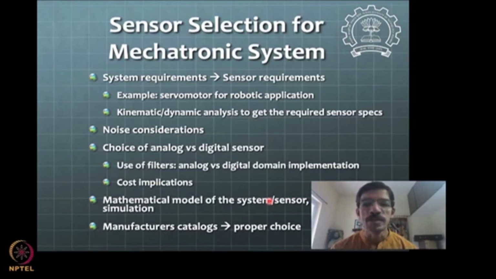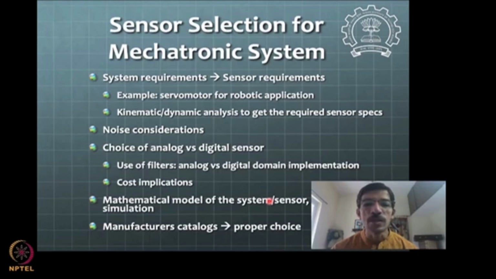That process may be based on prior experience, or on some mathematical analysis. There are many different ways we can do that, and again, it will go iteratively. We'll go through this process sometime later, but these are some issues one needs to look at for selection of sensors.